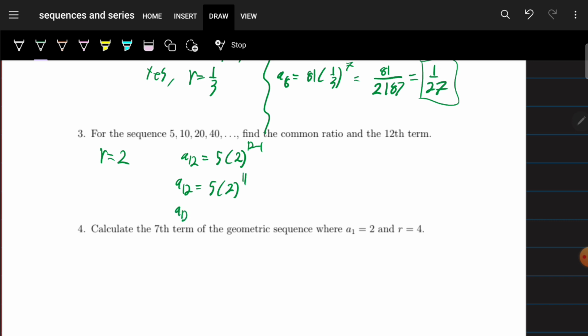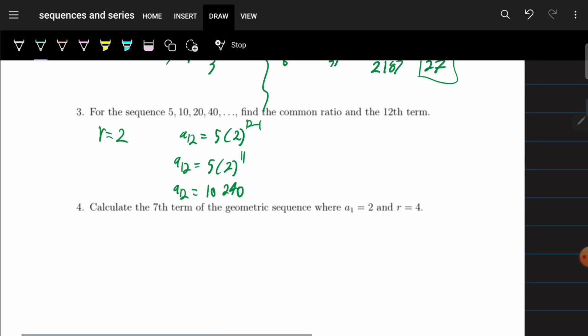And once again, you can do this by hand. 2 to the power of 10 is 1024, which means 2 to the 11 is 2048, times 5. You could definitely figure out what that is by hand, but I'll just multiply this with a calculator. So this will come out to 10,240. That's the final answer for this one.